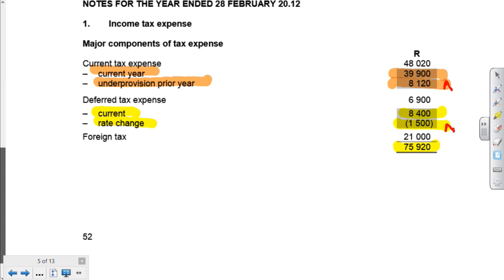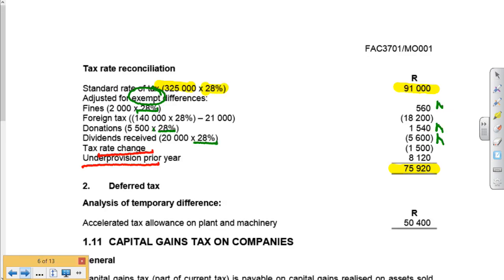Those relate to prior years, do you agree? They don't relate to the current year, so they would never make the current year balance to 28. Therefore, when I bring them into my tax recon, I bring them in exactly as they are at the top to force it to balance, because both of these relate to prior years. So our exempt items are there, and our tax rate change and under or over provision, which is our prior year stuff, is there.